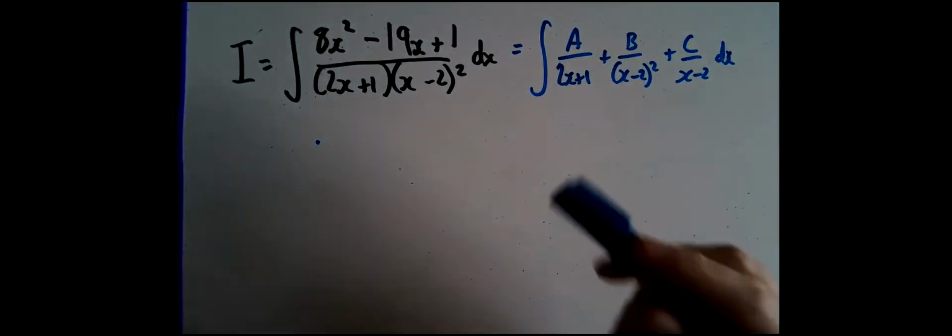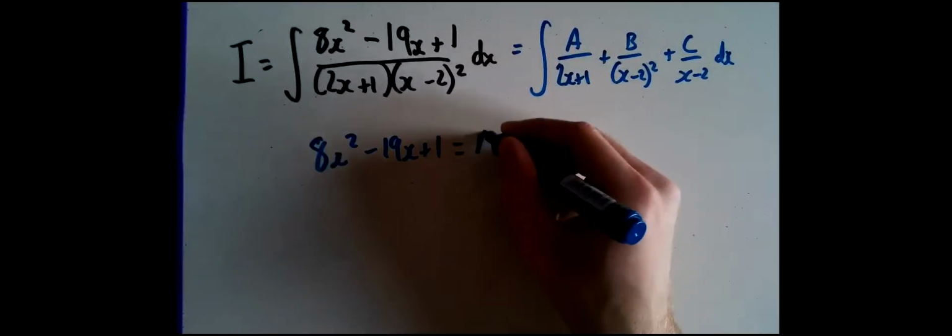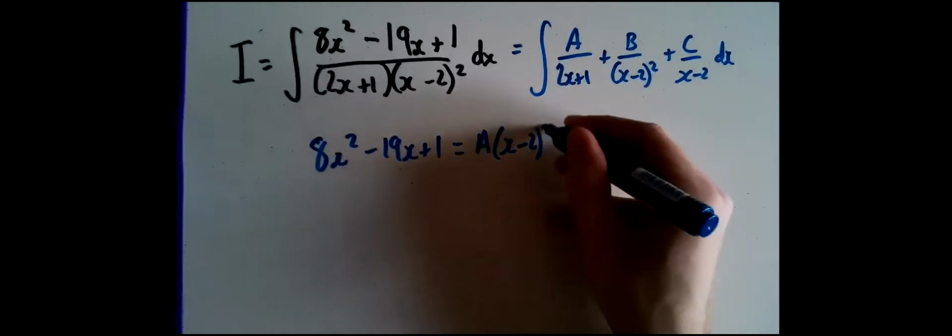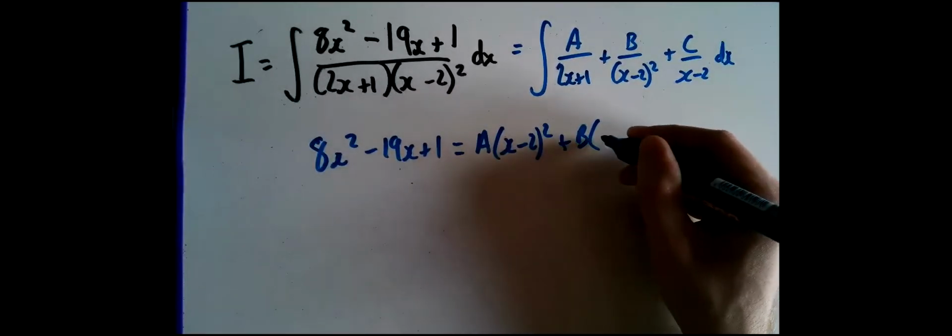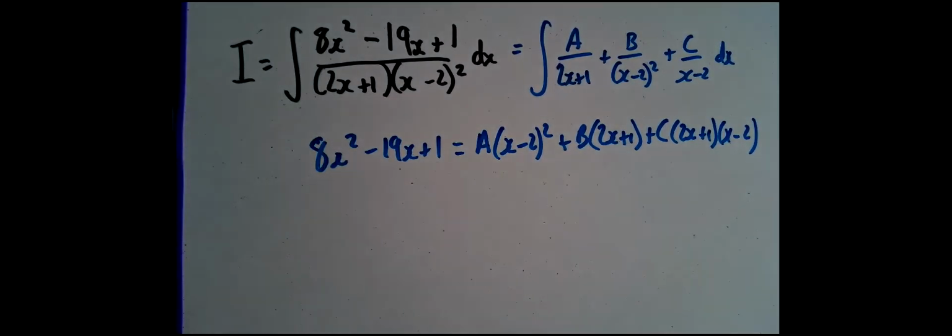So when I times it by the bottom, I will get 8x squared minus 19x plus 1 gives me a times (x minus 2) squared plus b times (2x add 1) plus c times (2x add 1)(x minus 2). Yeah, you practiced that yesterday, so if you still need help, go back and look at that lesson. Magic numbers. So first one, I would choose x equals 2.